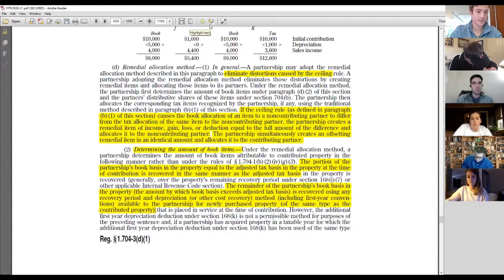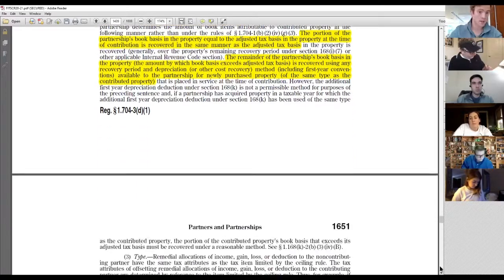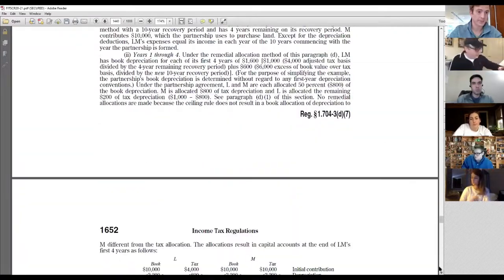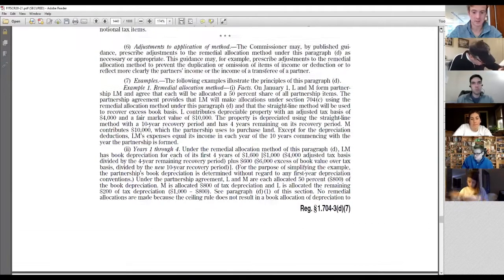So let's see how this works. Again, we've got a good problem here. We go to D7, example 1. Simple facts: L and M are 50-50 partners. Straight line method, tax basis of 4, book value of 10, 10-year recovery period.